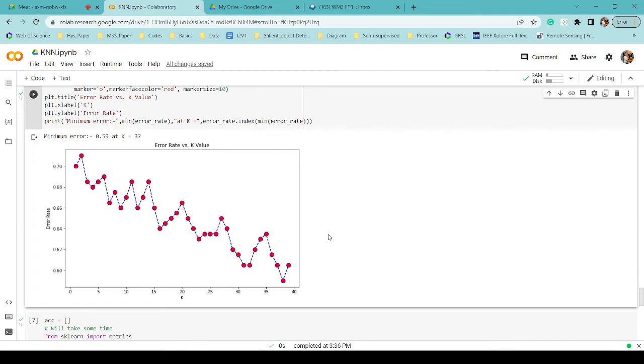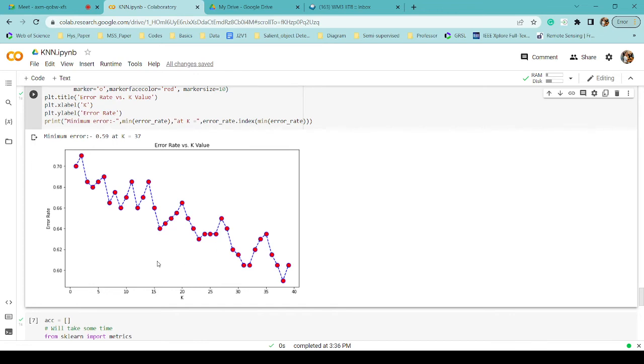Let me tell you, it doesn't mean the higher the value of k, the lower the error rate. No, not at all. Never. It's never the case. For this particular data set it happened that at k equals 37, my error was minimum. But that is not the case every time.